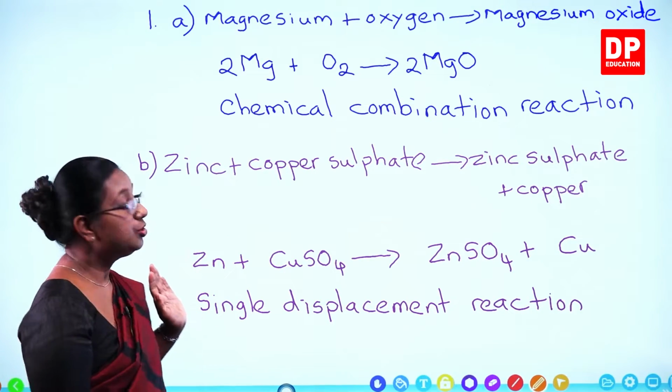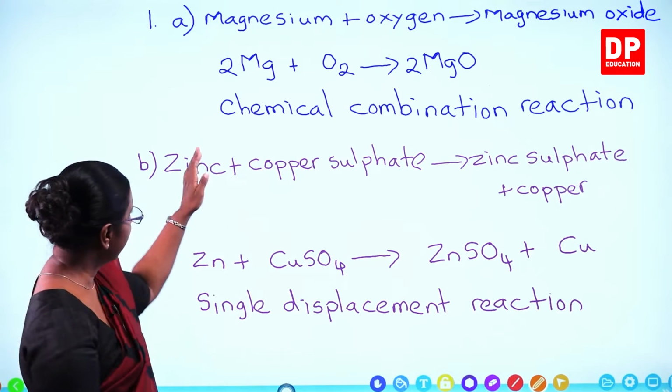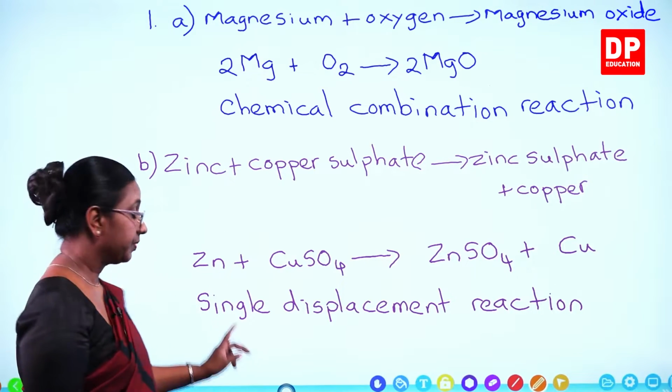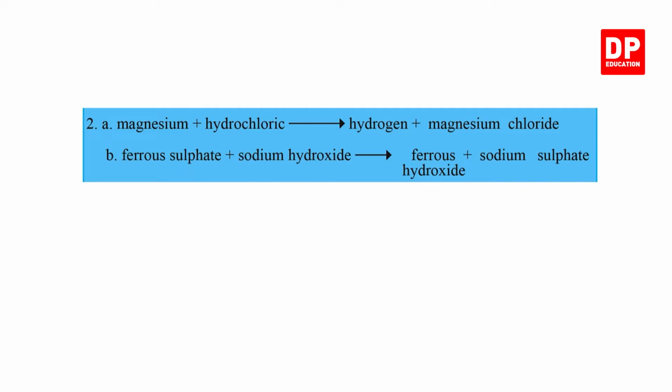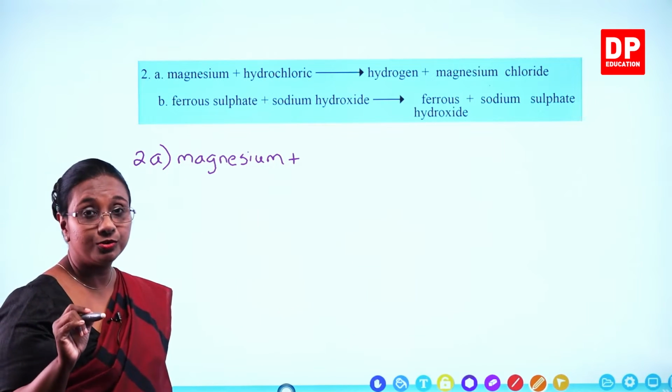I am sure you were also able to balance these two equations and identify them correctly. The next one, second question, A part: 2A, magnesium plus hydrochloric acid. You all know it has to be hydrochloric acid.